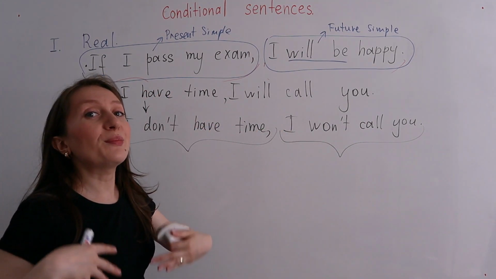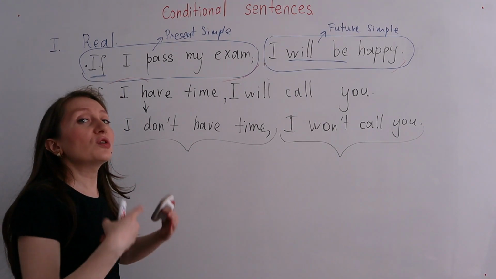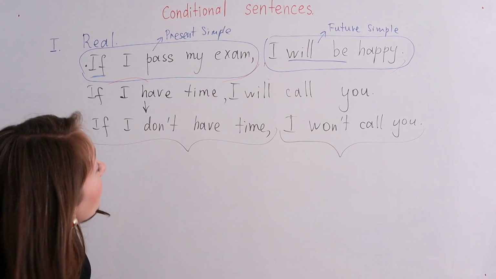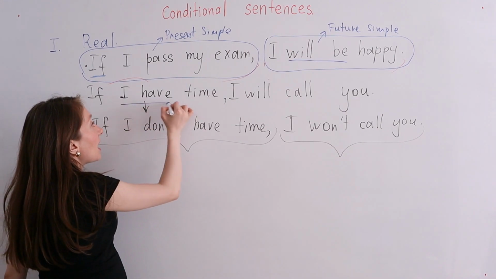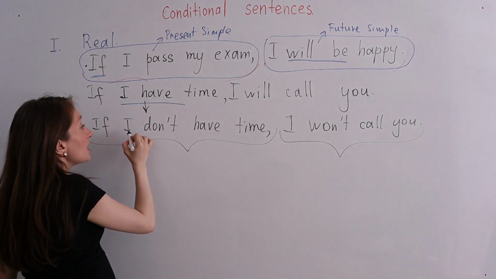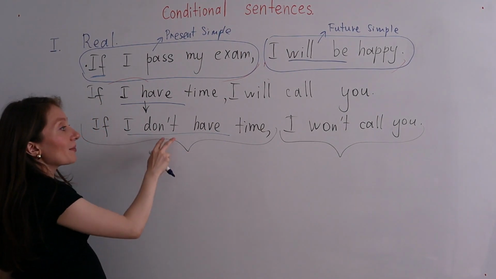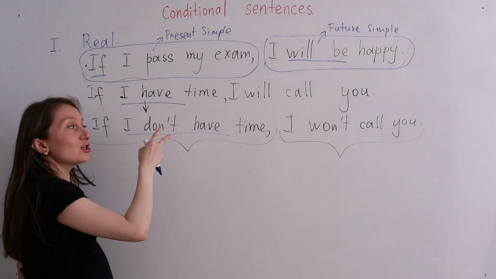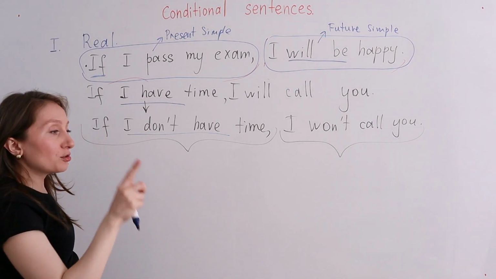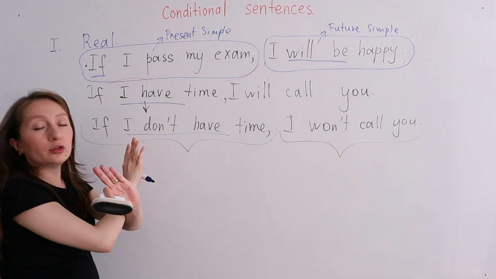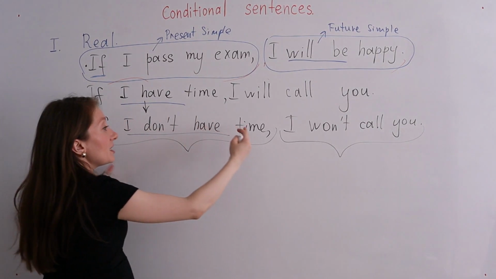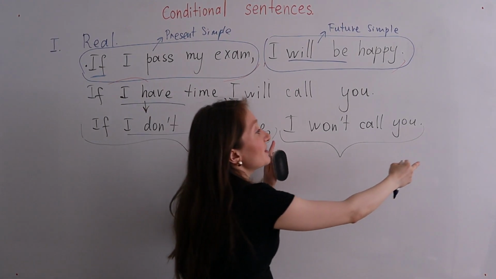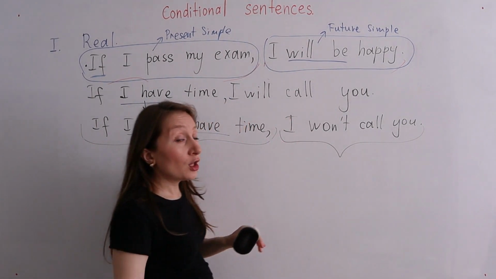It depends on the meaning, what you want to say. If I don't have time, the same present simple with a negative form. It can change, but don't forget, no will, no won't inside the if clause. Will or won't we use in the main clause.